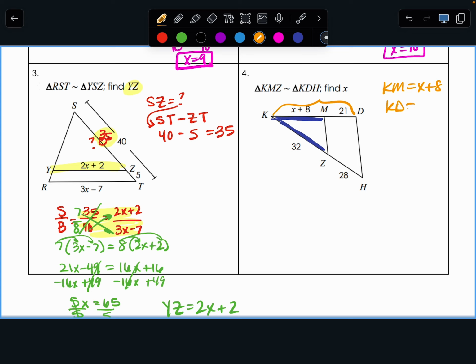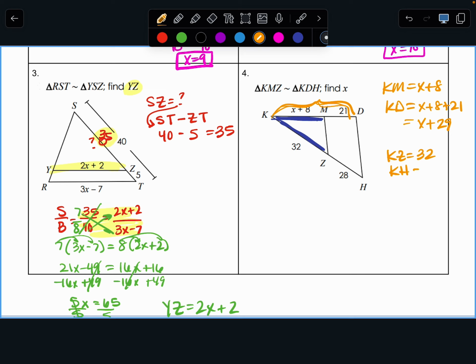What does KD equal? KD is this whole thing. So it's x plus 8 plus 21, which is x plus 29. So KZ equals 32.